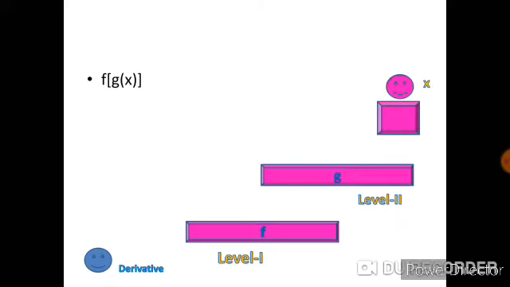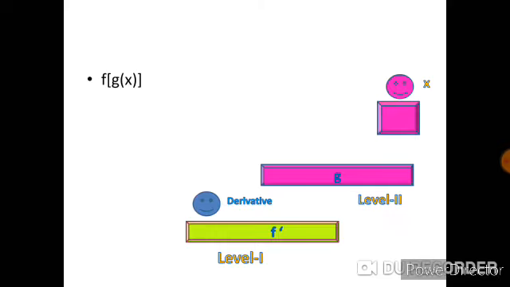See, the name of this game is f of g of x. Now we'll move to the first level, and we have to operate by derivative. The name of the first level is f. After operating completely, it changes and becomes f dash.